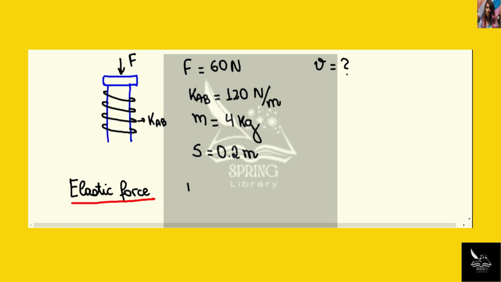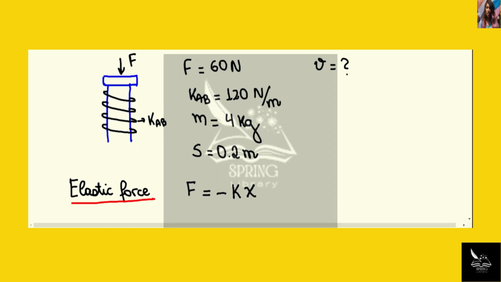So remember that the force caused by a spring is equal to minus k, the stiffness, times the displacement of the spring. The minus is here to show that the force is opposite to the displacement of the spring.